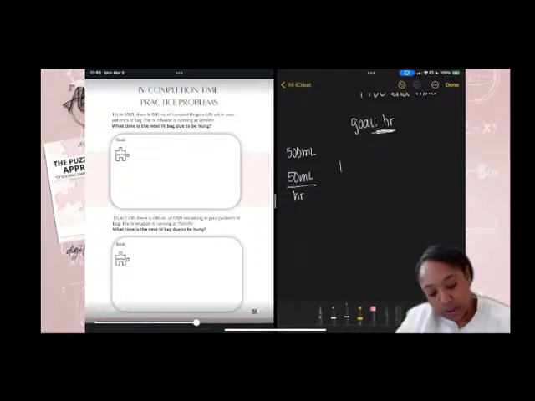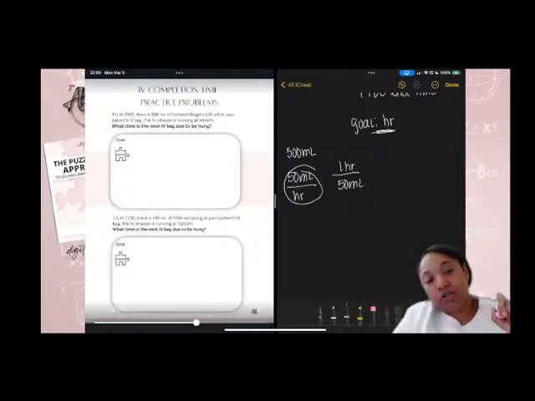So we do 1 hour over 50 milliliters, because this is the puzzle piece that had my hour in it. I just flipped it because I always want my goal to be first and on top. And then I have milliliters at the bottom. My other puzzle piece had milliliters in it, so that's 500 mLs. It'll go over one because it's not related to anything.